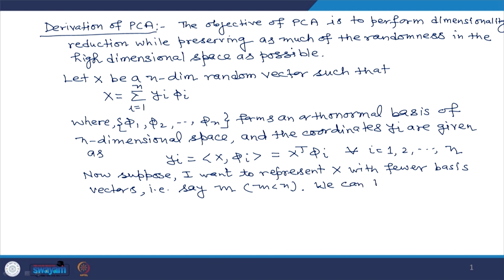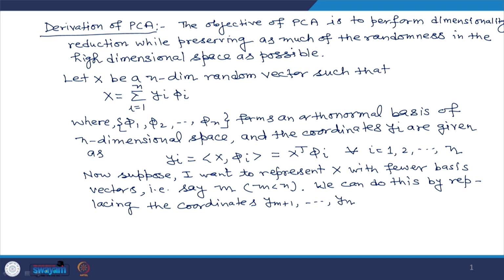We can do this by replacing the coordinates y_{m+1}, y_{m+2} up to y_n with some pre-selected constants b_i. So, x_m means I am representing the same x, but in a lower dimensional space having dimension m.